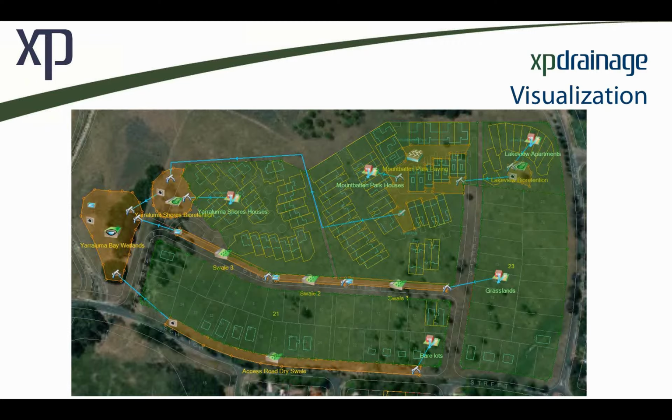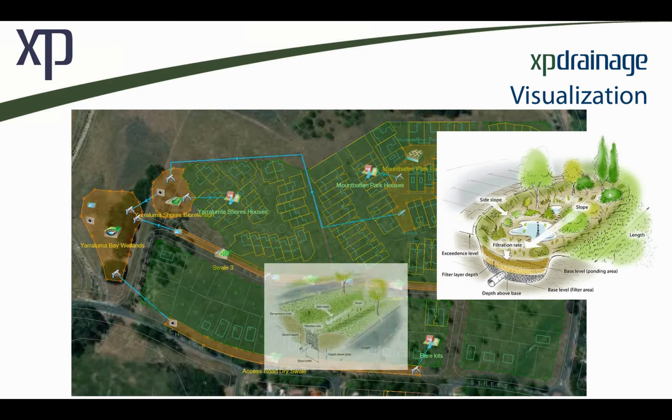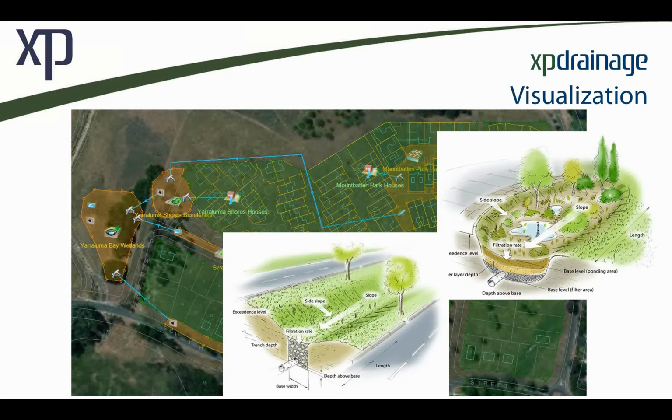So here, I guess, to visualize what we've just been talking about is XPDRAINAGE. Here would be a moderately complex site, okay, drainage inflow areas drain to different facilities. So on this one plan view, we're going to be able to look at the flow exchange between these different treatment facilities. So we have a bioretention, okay, which drains perhaps to a dry swale.